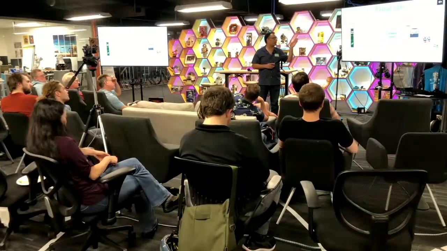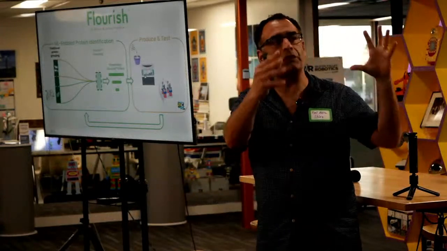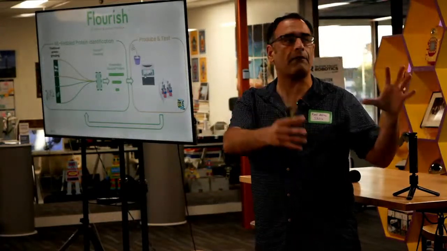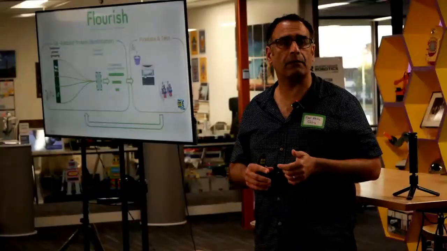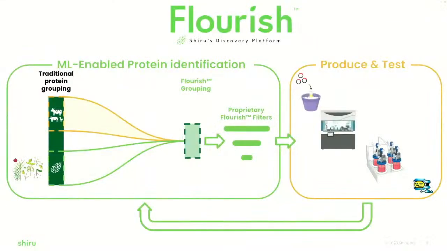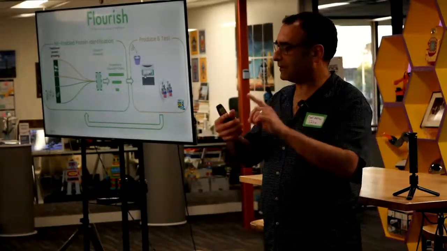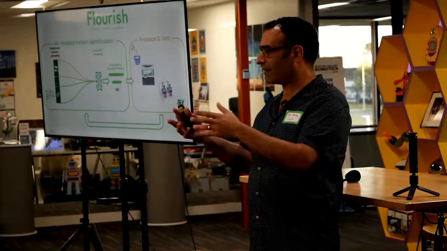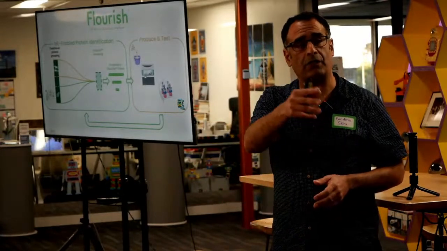After a set of filters, these proteins go from the more digital search and discovery into the more produce and test part of Flourish, meaning taking the gene, cloning it in a host, producing small amounts and using high throughput methodologies to test it, soluble, expressed, and some proxy tests, and eventually also fermentation.